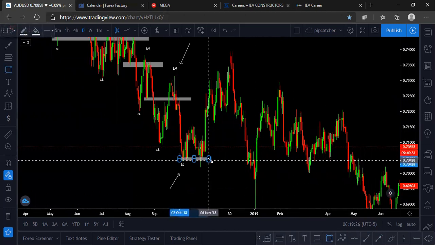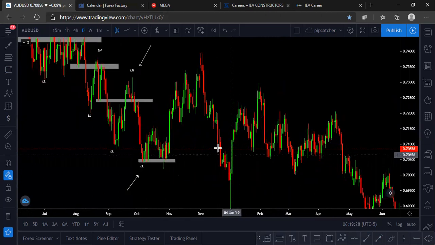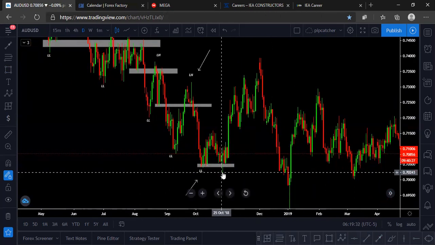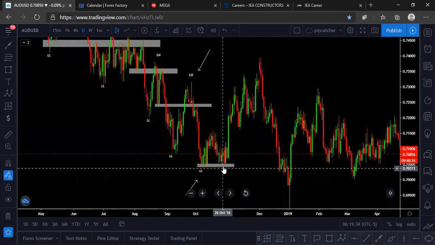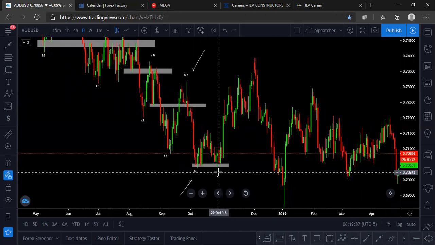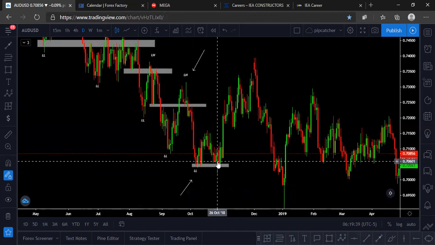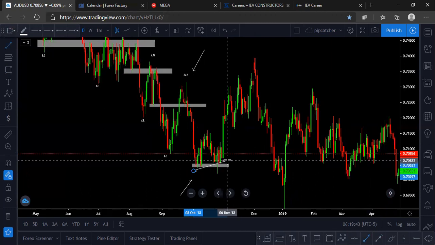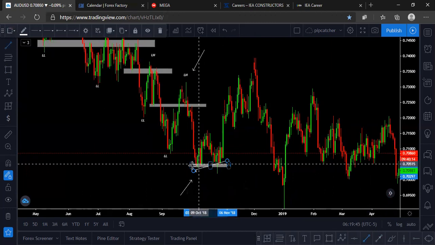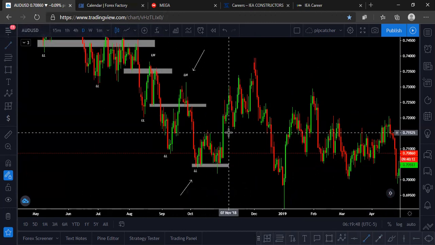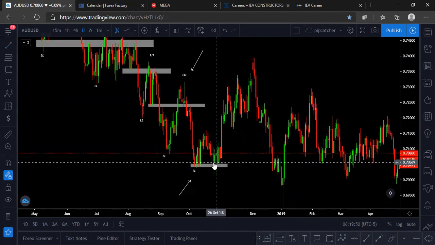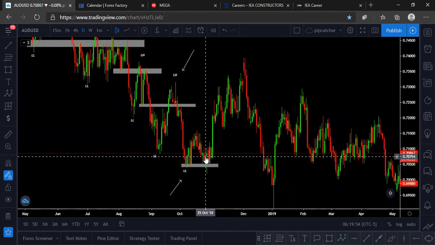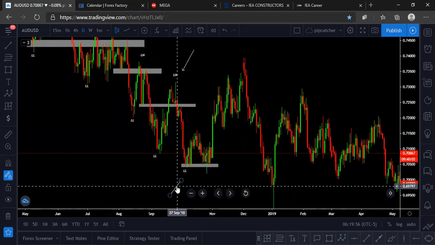We don't get a break of this structure here. Price spikes down below it, but it doesn't close below it, right? Price closes back up above this area. And if you look at this, just having that angle right there, you can see that this actually closed higher than this. So what happens next, right?